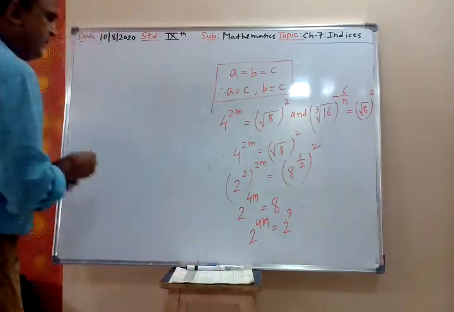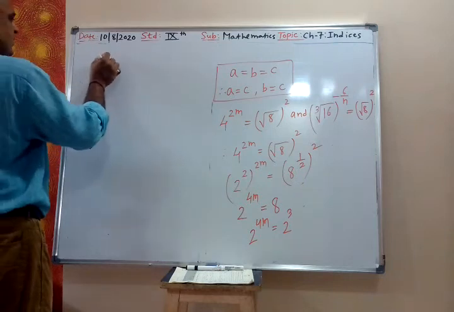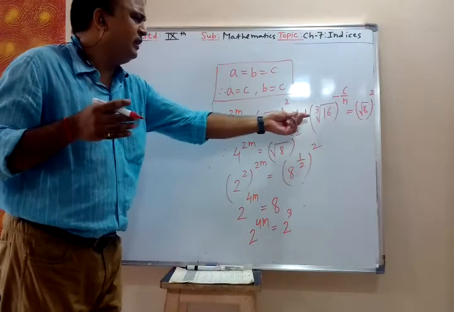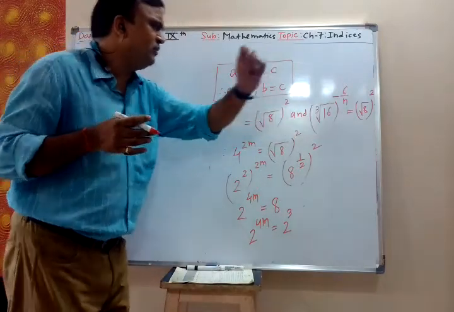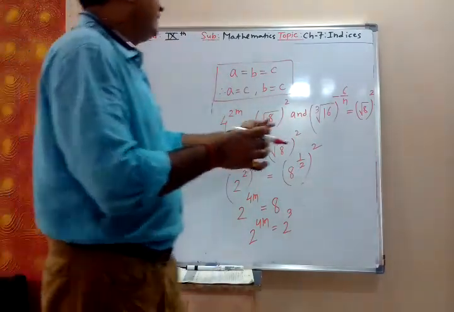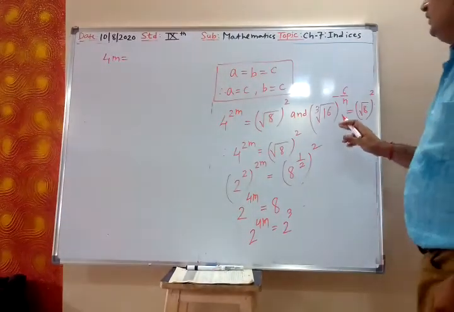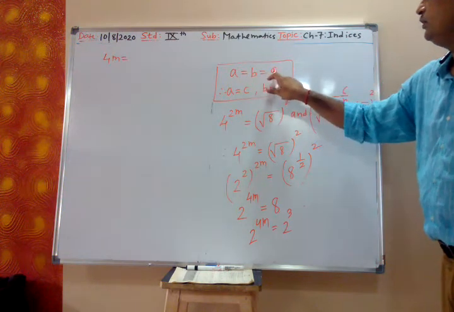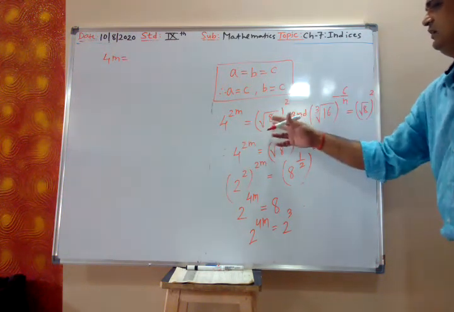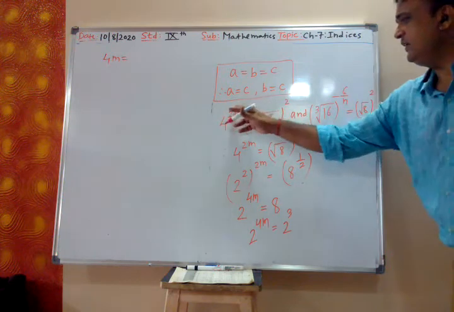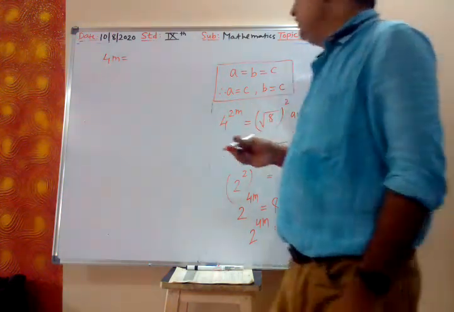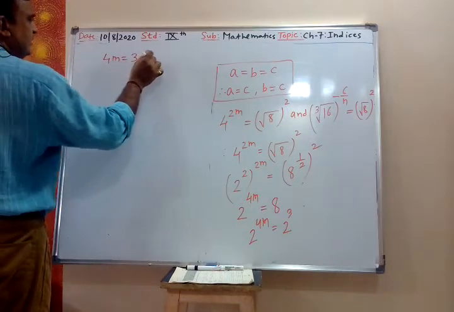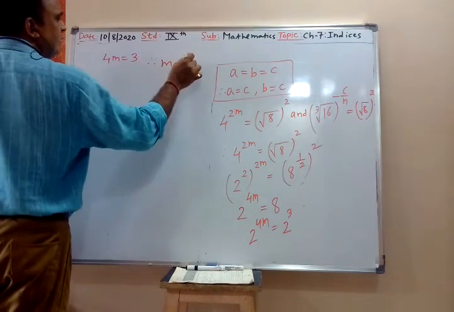Go for the second. See, you have to find the value of n also, no? Now go for this. A is equal to B is equal to C. Equations are equal, but the values of m and n need not be equal. 4 raised to m is 3, so that gives you m is equal to 3 by 4.